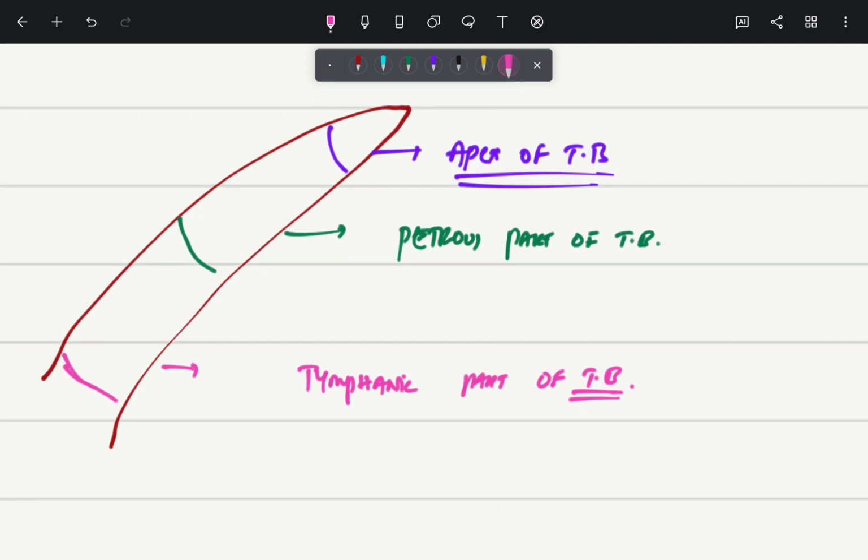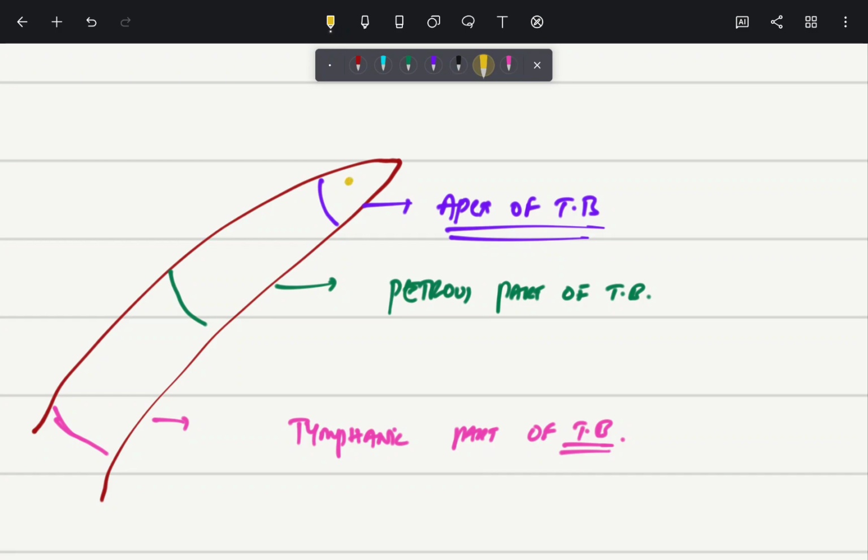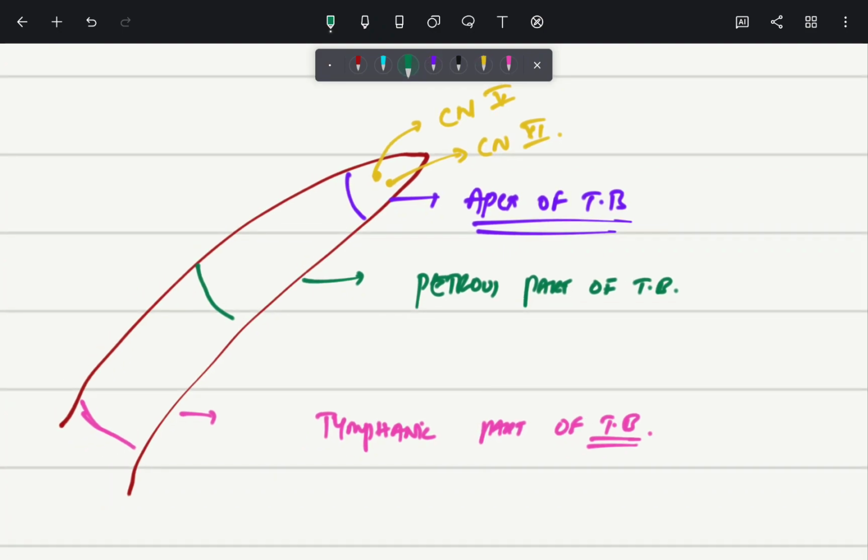So what are the structures lying in the apex of the temporal bone? Cranial nerve number 5 and cranial nerve number 6 are in the apex of the temporal bone. Now, what are the structures present in the petrous part of the temporal bone?